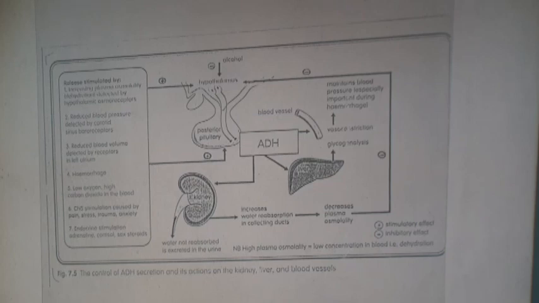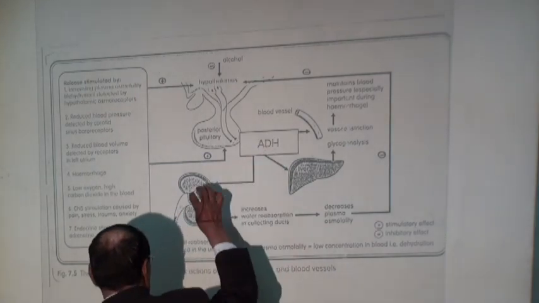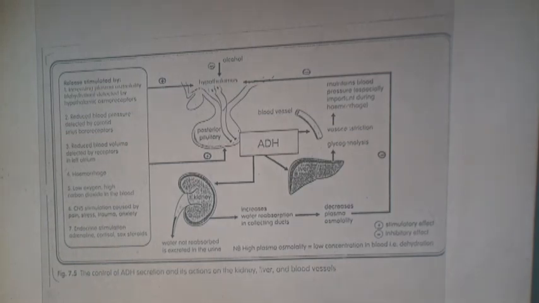This is a disease called diabetes insipidus, similar to diabetes mellitus, but the cause is different. Diabetes insipidus, deficiency of ADH, causes excretion of a lot of water. In this case, if not treated, the patient dies. Sometimes excretion of water is about 20 liters per day. It's called diabetes insipidus.